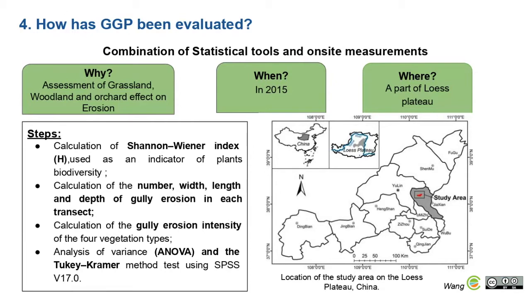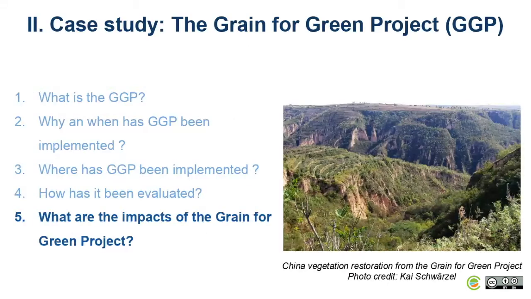And once it's done, they use a statistical tool, analysis of variance, commonly called ANOVA, in order to compare the different effects of the plants. The result of this study will be presented in the next part by Camille.